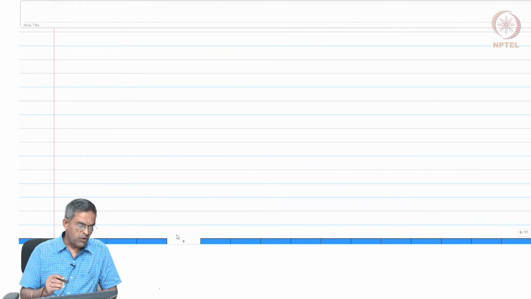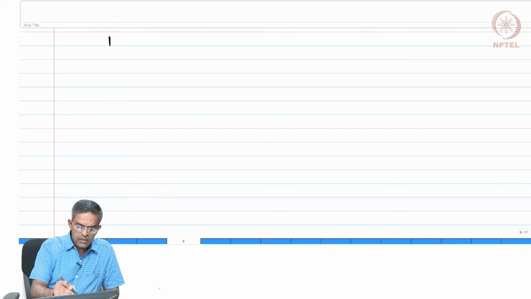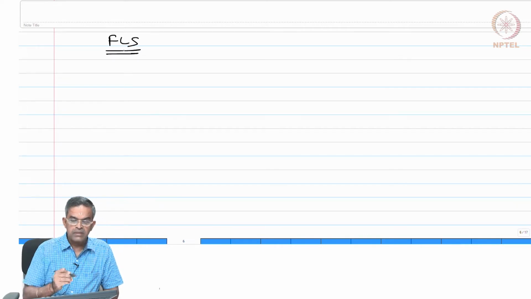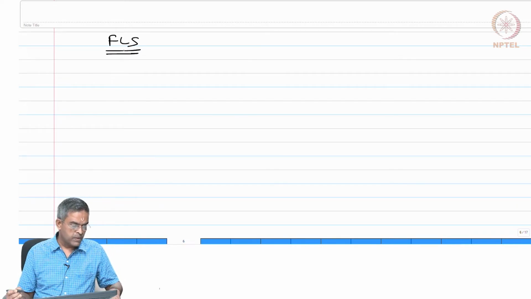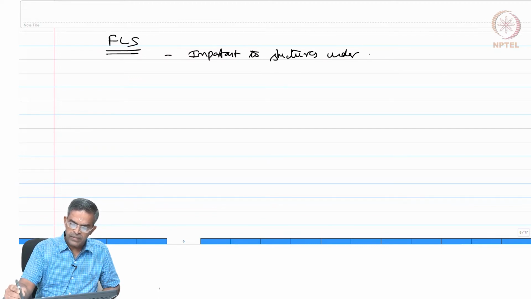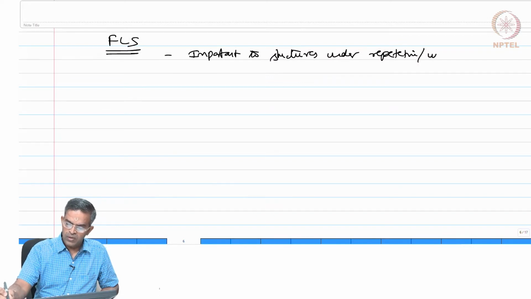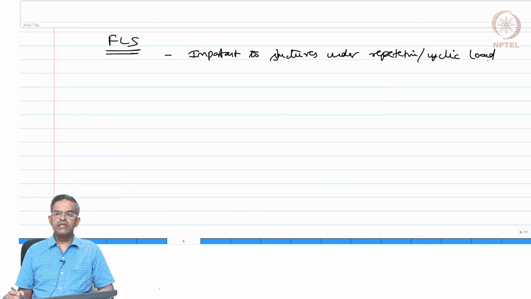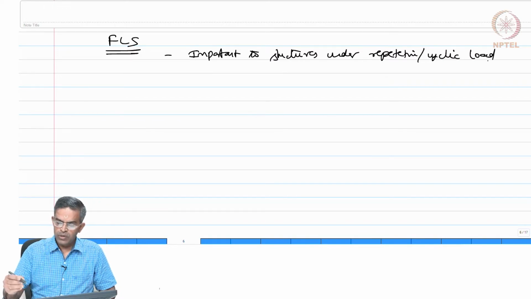Let us proceed forward. What does this fatigue limit state do more in detail? Fatigue limit state is important to structures under repetitive or cyclic load. The moment I say cyclic, there are two issues in a load.